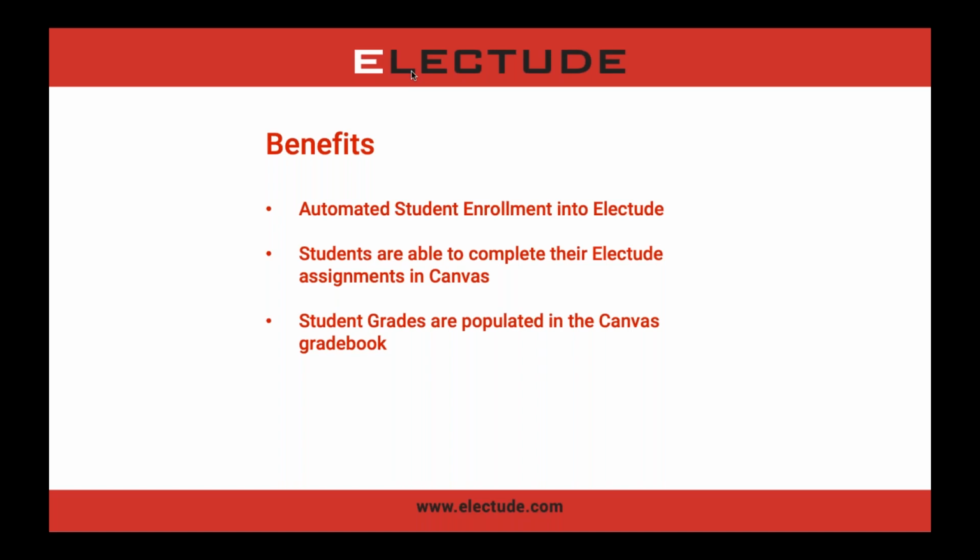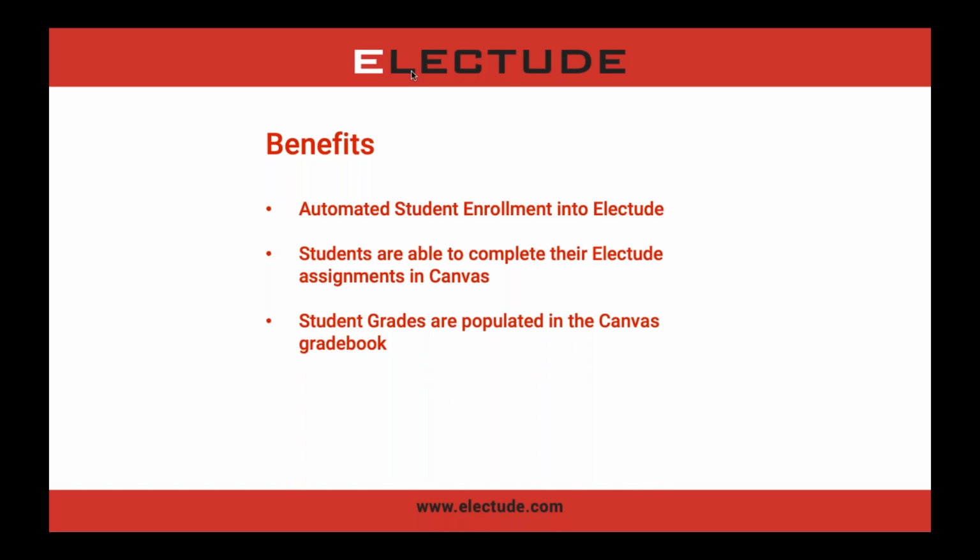When they click on that, they're automatically enrolled, and it's an automated enrollment system. So it's going to be much easier for you to get students enrolled because you don't really have to do anything.